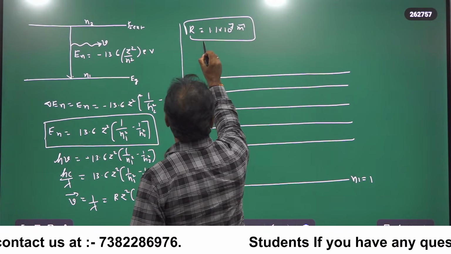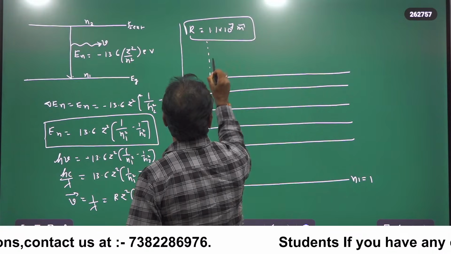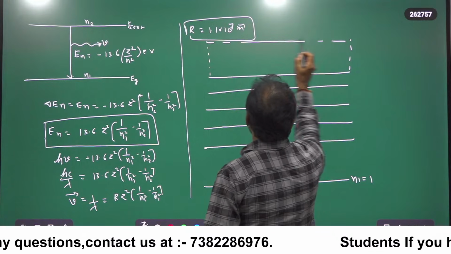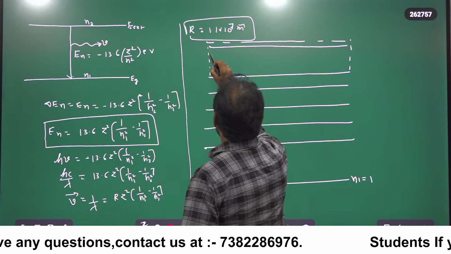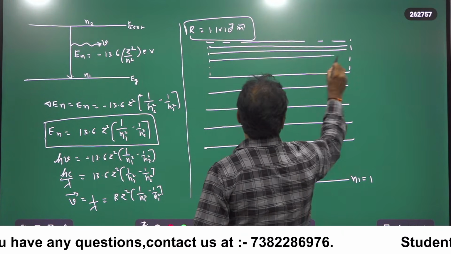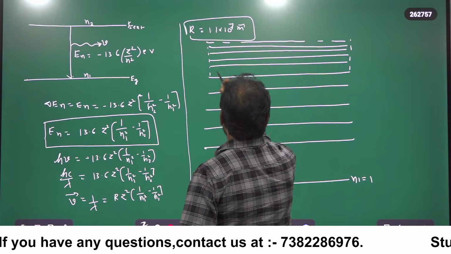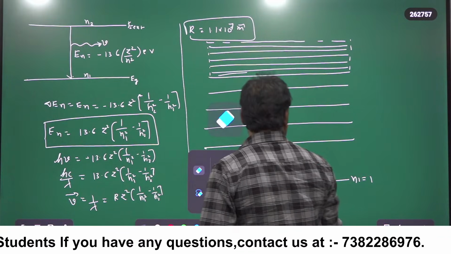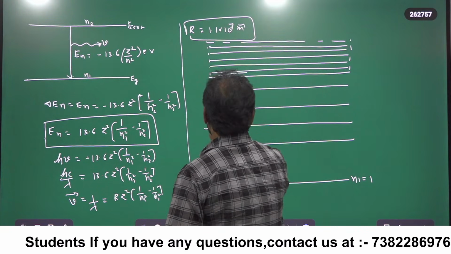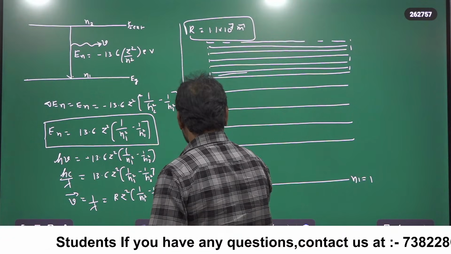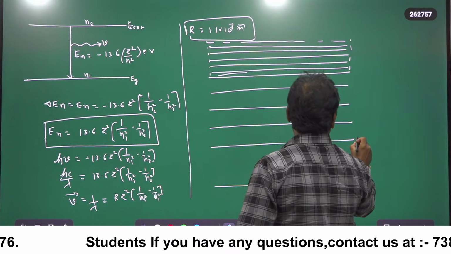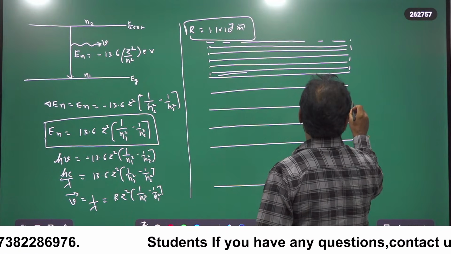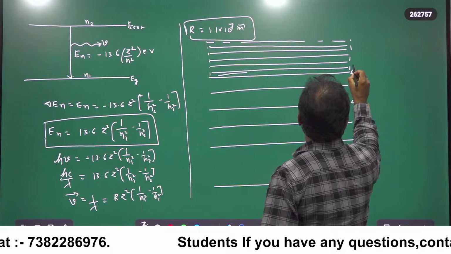While going in the upward direction, the energy has to increase. These are the energy levels: N1 is equal to 1, second, third, fourth, fifth, sixth, and so on.